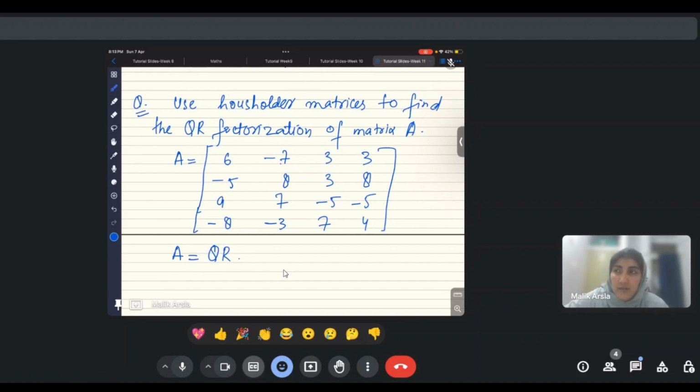There is no question from QR decomposition in the assignment. The last question is also Householder only, where we have to find only one column and one row. This question is from the previous year's assignment. I think there were 1 or 2 questions. In one you had to find the Q matrix, and in another you had to find the R matrix. So I will show you this one anyway.